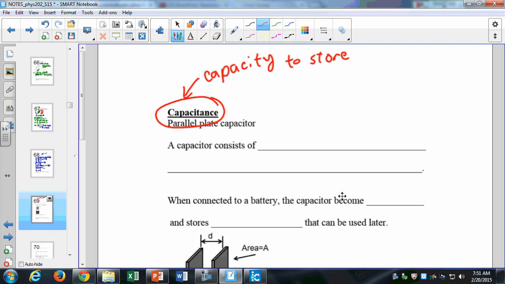We're going to deal with the parallel plate capacitor, which is the most common. It consists of two metal plates of area A separated by a distance d.